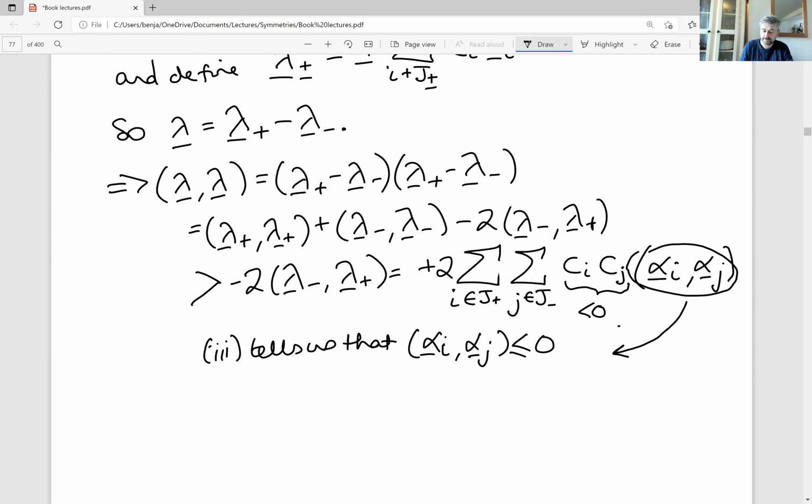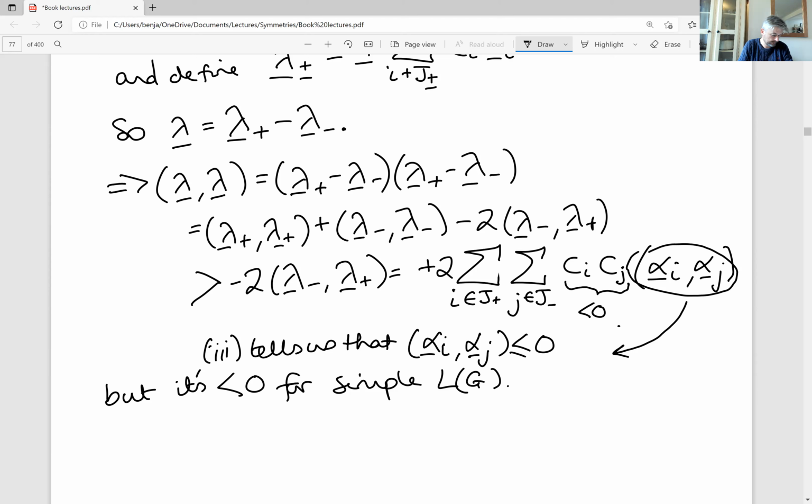So it's only the semi-simple case really where we get the equality. Okay, so what we have is that the inner product of lambda with itself is bigger than 0 unless lambda itself is 0.